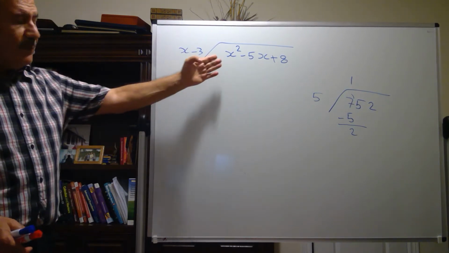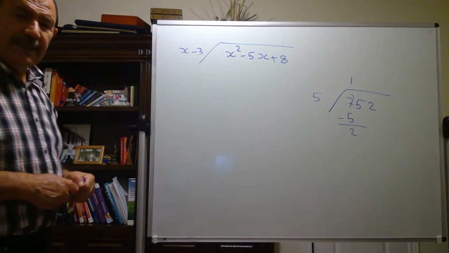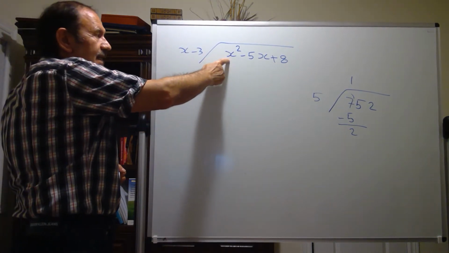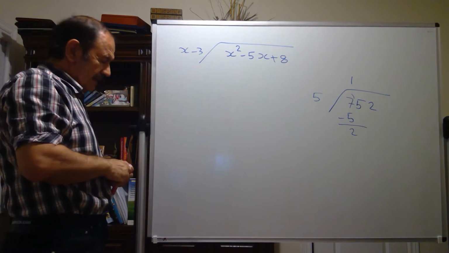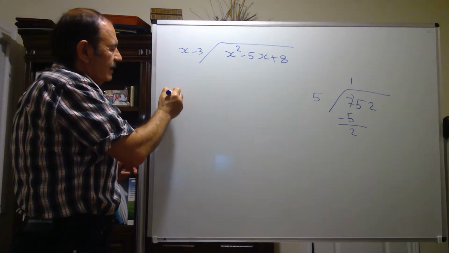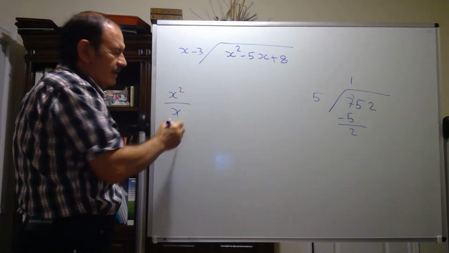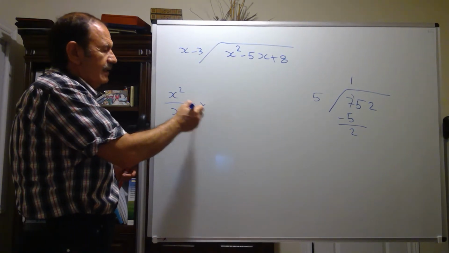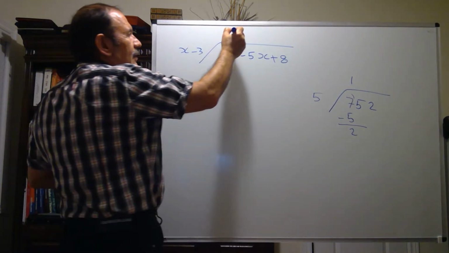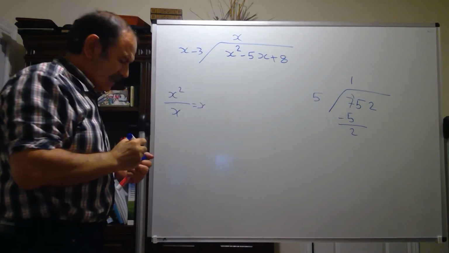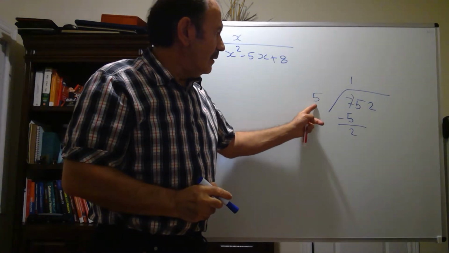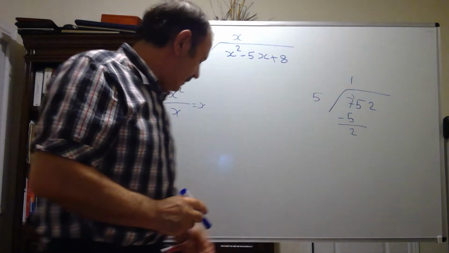Now, separate the first term, which is x squared. x squared divided by x. The answer is going to be x, right? x squared by x, the answer is x. The answer is here, same as this one: 7 divided by 5, the answer is here, 1.